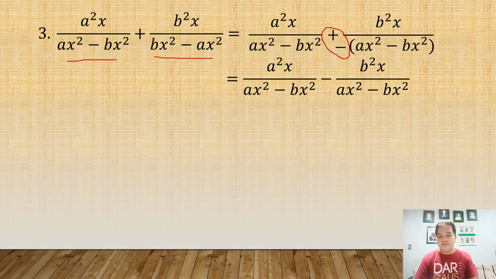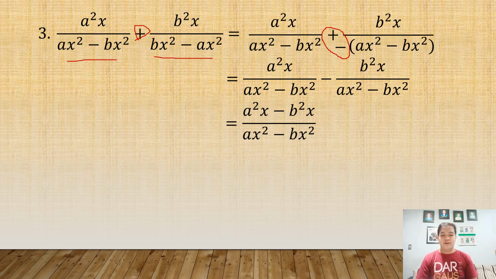Positive times positive is positive. Negative times negative is positive. Positive negative will produce negative, and negative positive will produce negative also. Okay? Similar na tayo. So, yon. Similar na ating denominators. Nabago lang yung sign natin. Instead of plus kanina, naging minus na. Kasi nga dahil doon sa ginawa nating strategy para sila maging similar.